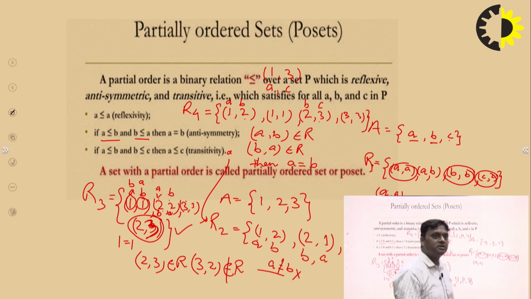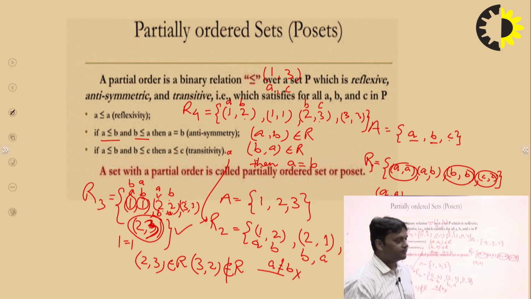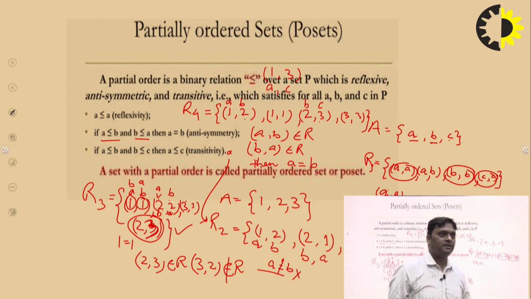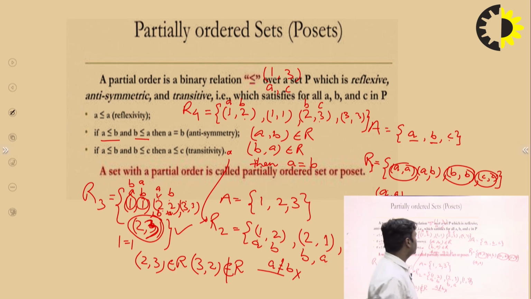Then this relation will be transitive. But in this case (1, 3) does not belong to R, so this relation is not transitive.